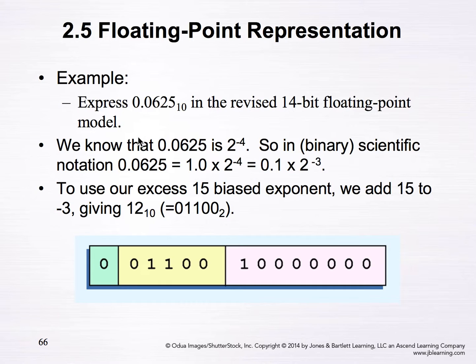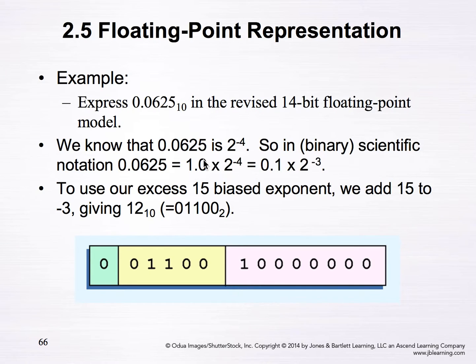Using the methods of base conversion, as we discussed in the previous videos, we can see that this decimal value can be represented in binary as 2 power negative 4. This one is not in the normalization form, so we need to transform it into the normalization form.